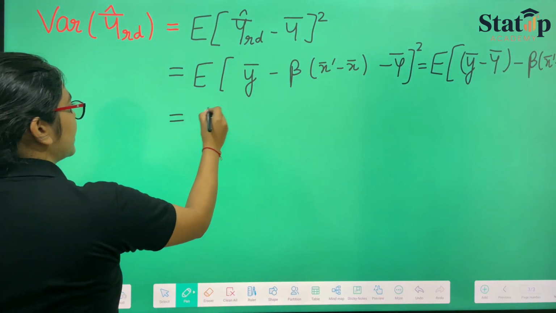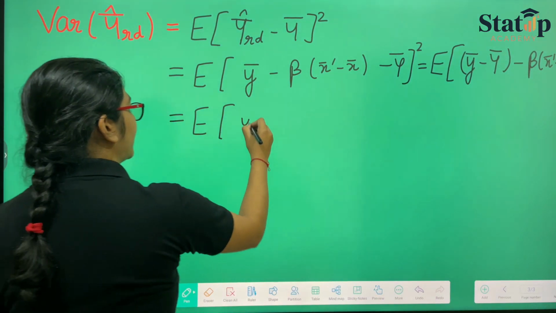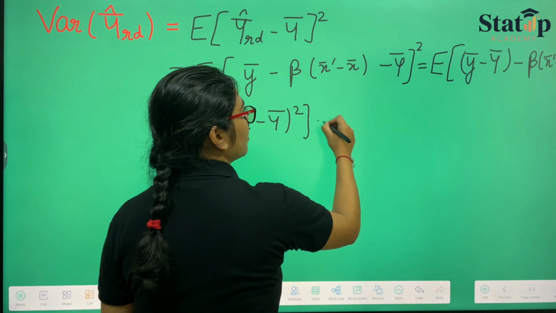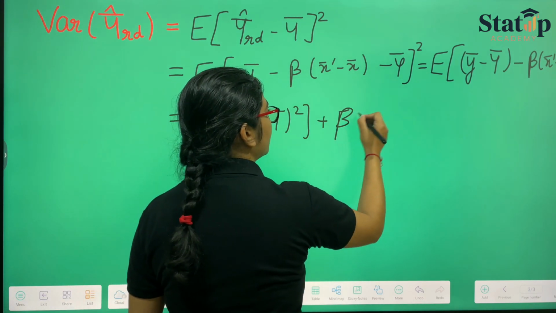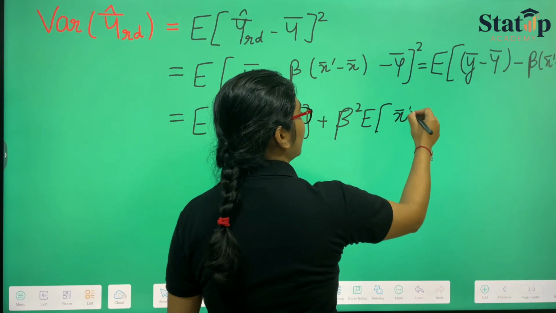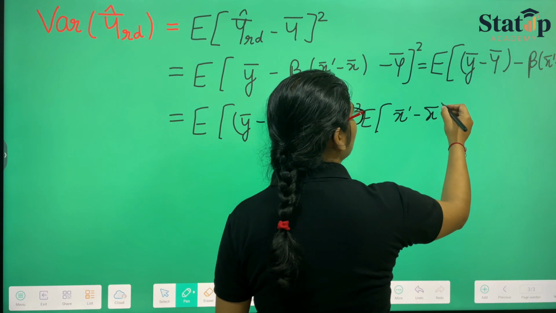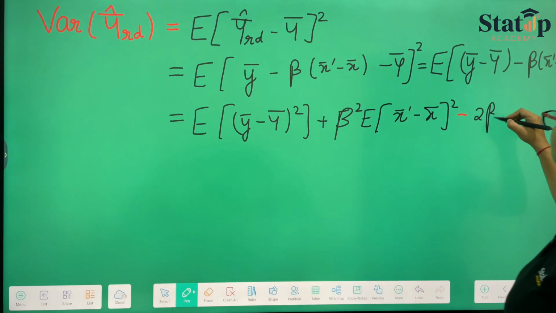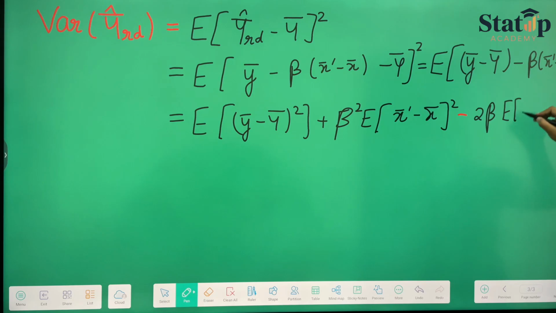We can write it as the expectation of y bar minus capital Y bar whole square, plus beta square into the expectation of x bar prime minus x bar whole square, minus 2 beta into the expectation of y bar minus capital Y bar into x bar prime minus x bar.